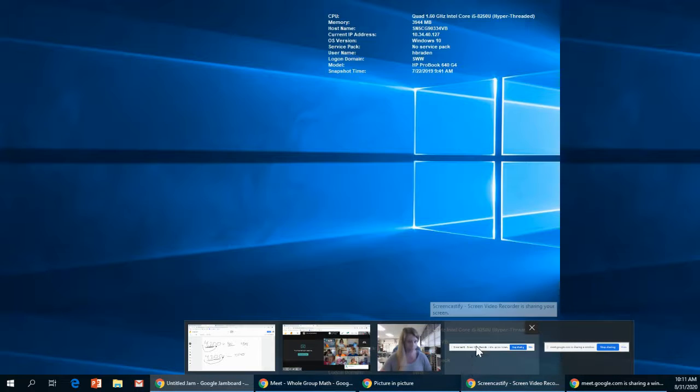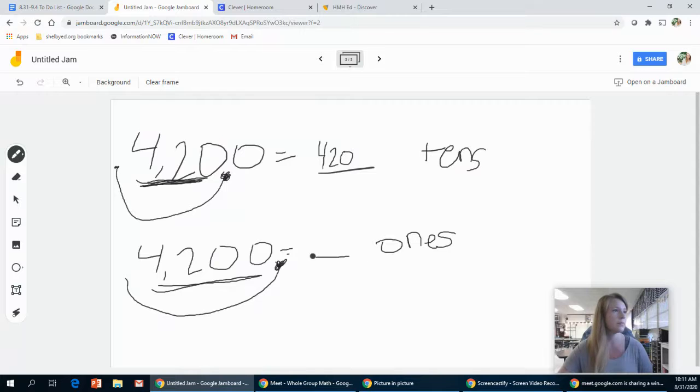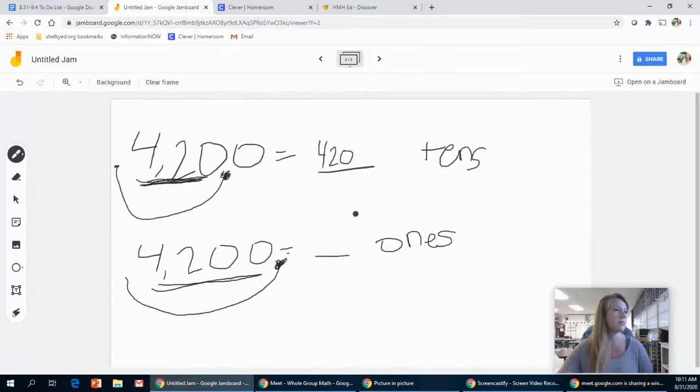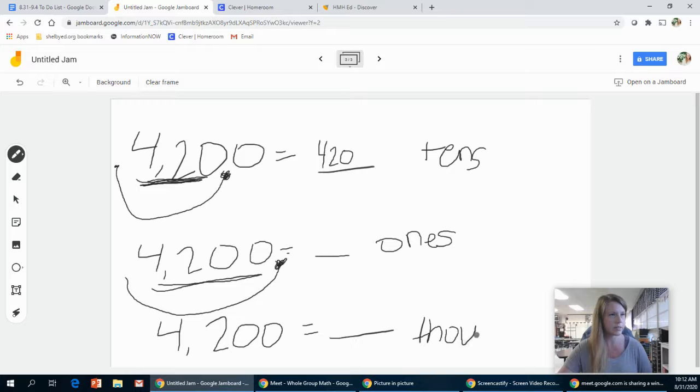And last one. 4,200 is equal to how many thousands? I'm going to shorten it. Okay. It says 420 thousands. All right, let's go to our thousands place.